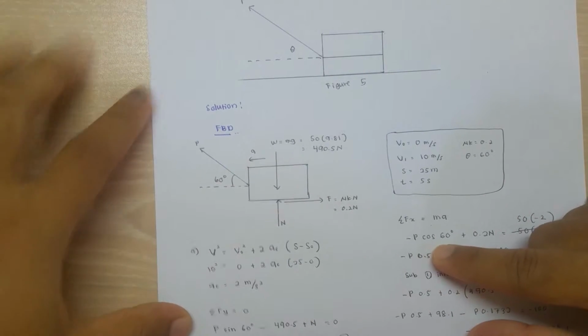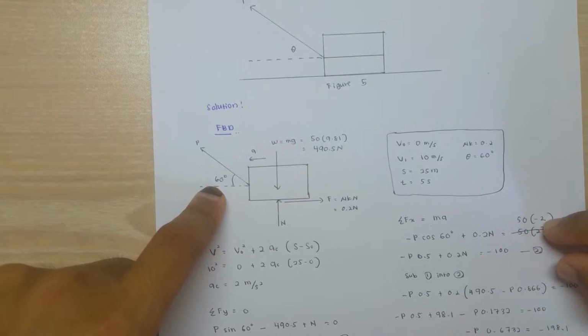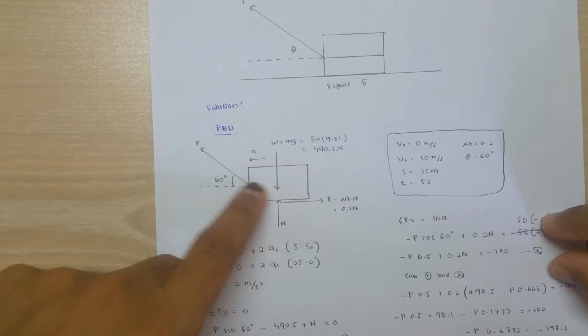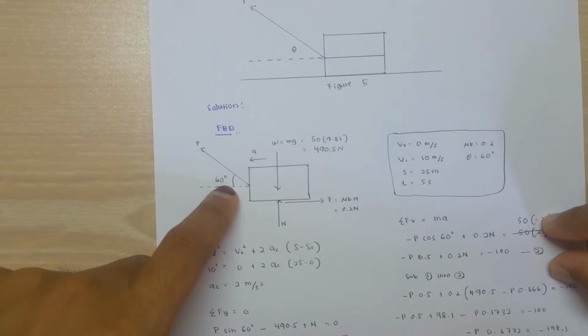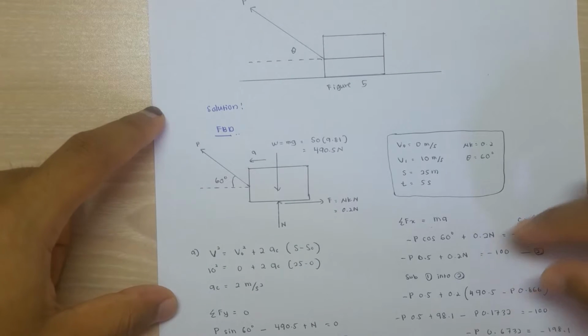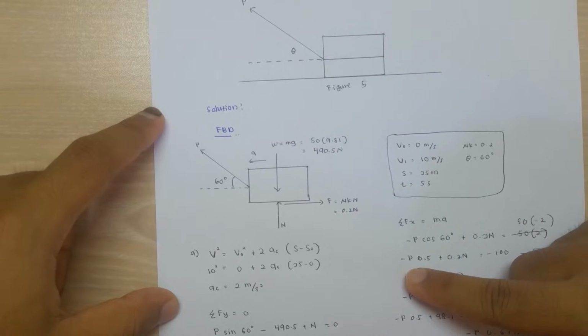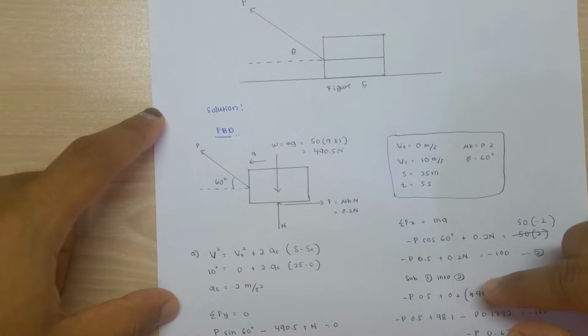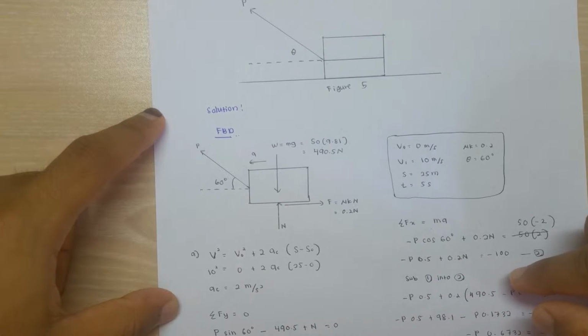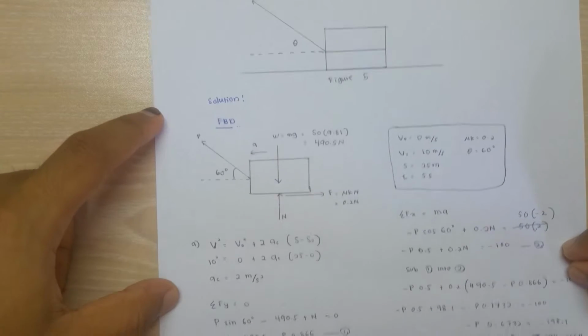P is negative because it is acting on the left, same as negative 2 because the acceleration is acting on the left, and 0.2 N is acting on the right. So we solve and get negative P times 0.5 plus 0.2 N equal to negative 100. I make this equation 2.